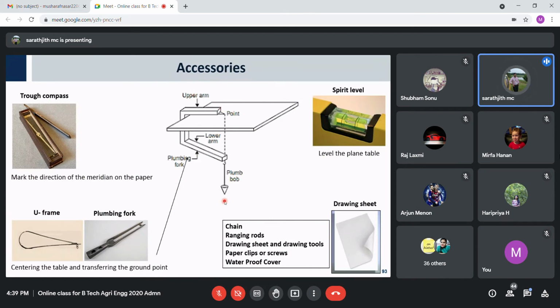So what you do is you hang a plumb bob over this point, and that plumb bob will be attached with... let me draw it so that it will be clear. Imagine this is point A. The corresponding point on the sheet would be small a.